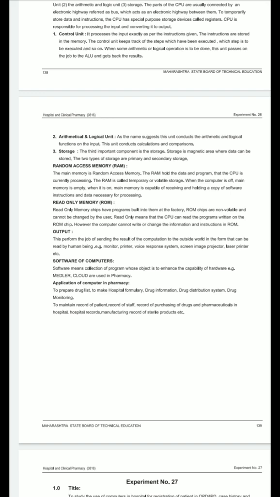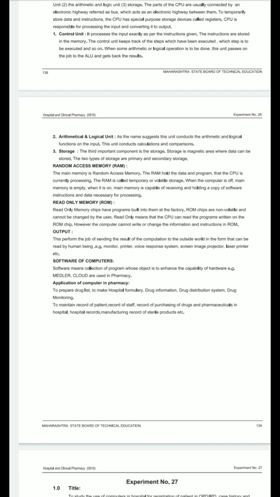Next is the output. Output performs the job of sending the result of the computation to the outside world in a form that can be read by human beings.